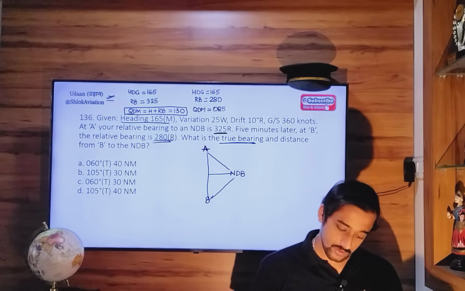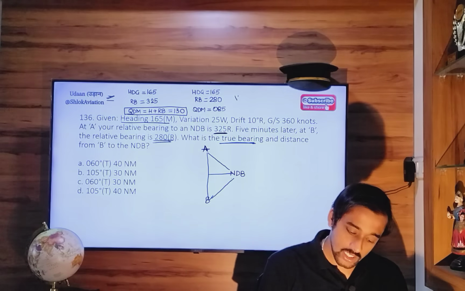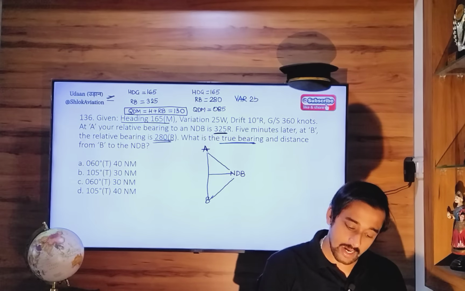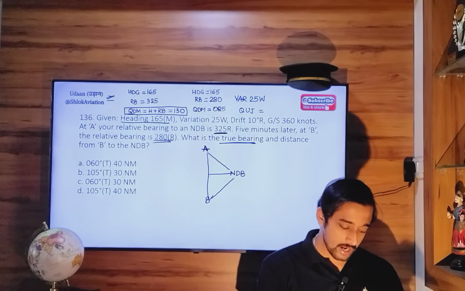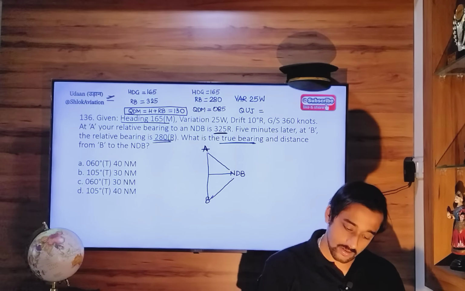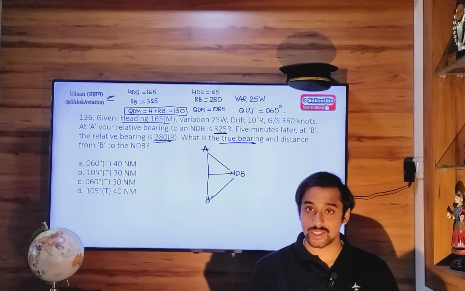Variation is 25 west. Magnetic is best, so true will be less than magnetic. So 85 minus 25 is 60. True bearing to the station will be 060.